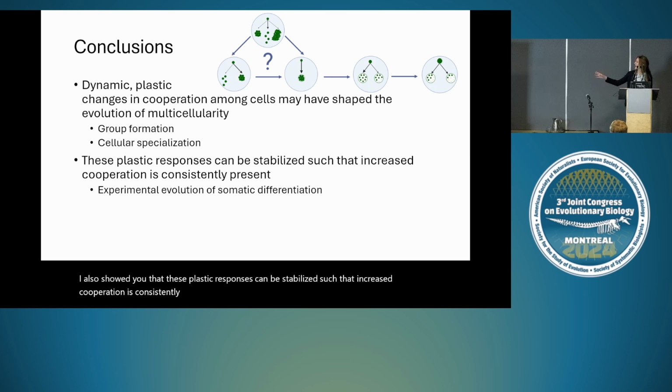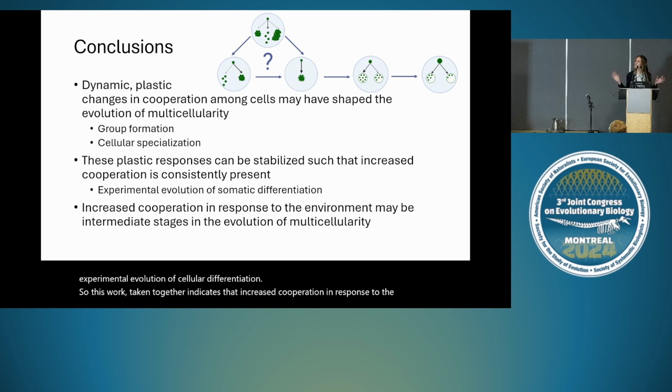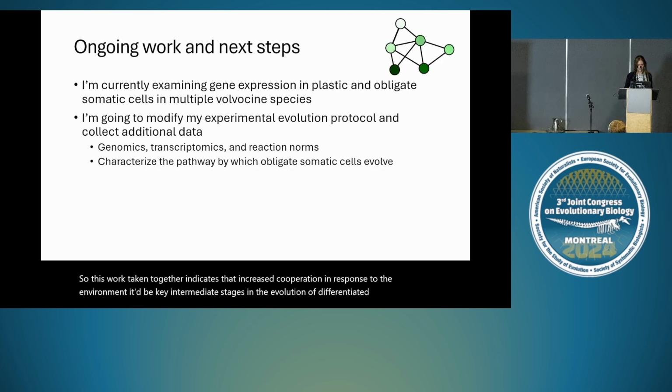And I showed you that in this example of the experimental evolution of cellular differentiation. So this work taken together indicates that increased cooperation in response to the environment may be key intermediate stages in the evolution of differentiated multicellularity.